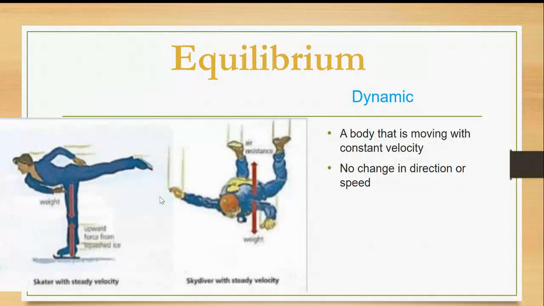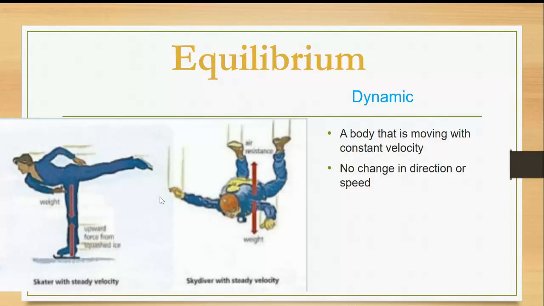So here are some examples of dynamic equilibrium. We have a skater with a steady velocity. So that skater cannot be rotating around, because if they're rotating, then they are not in equilibrium. Okay, that doesn't mean they're not balanced. It's highly skilled still, but equilibrium refers to everything being balanced and equal to zero, all of their forces acting on them.